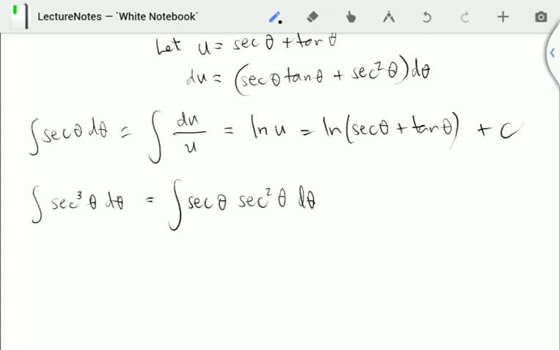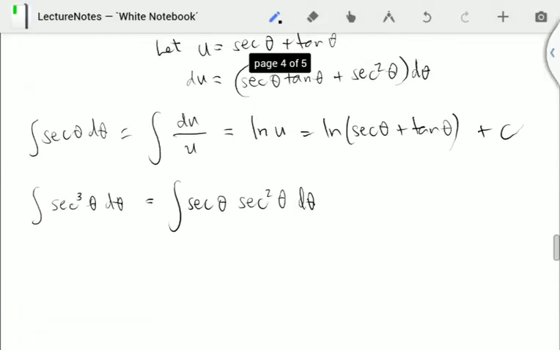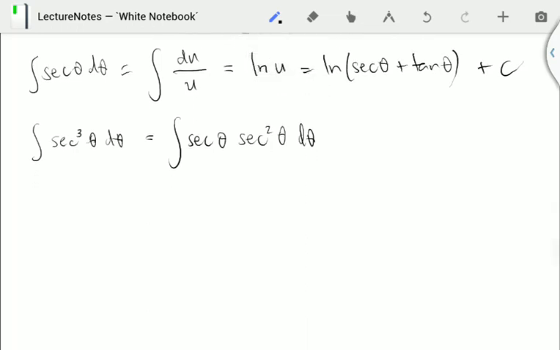The nice thing about this is that one of them is easy to integrate, which is sec squared, and one of them is easy to take the derivative of, which is sec. So that allows us to use integration by parts.